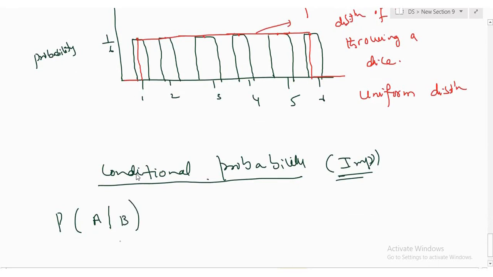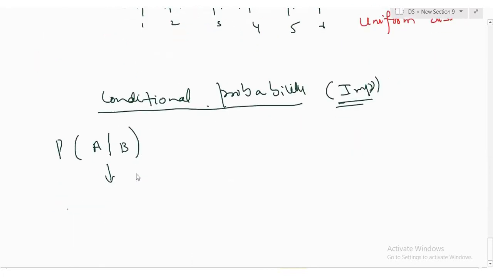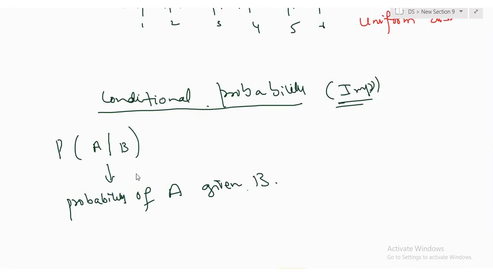P of A given B. What is the meaning of this? Probability of A given B.